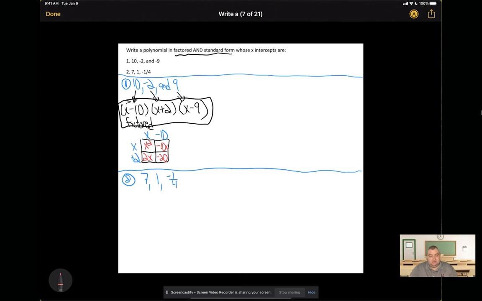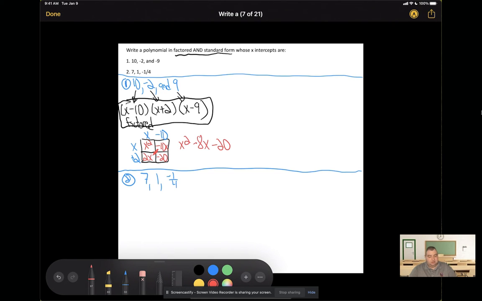So my answer is going to be x squared, starting in the top left corner. And then for my like terms, I have a negative 10x and a positive 2x, which becomes a negative 8x, and then minus 20. So when I multiply the first two together, I get x squared minus 8x minus 20.